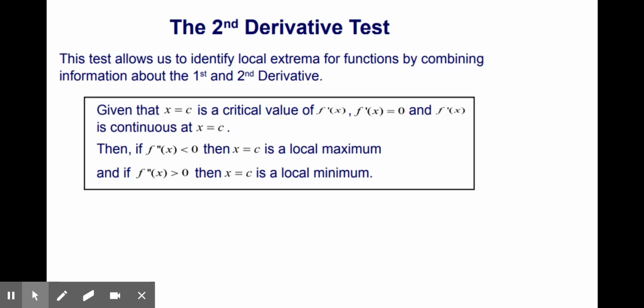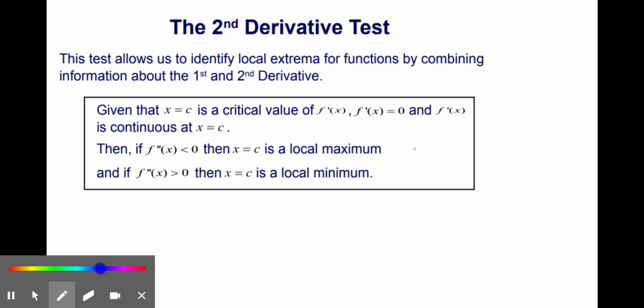Okay, here is the second derivative test. The second derivative test allows us to find the local mins and the local maxes of a graph using the second derivative as opposed to the first derivative.